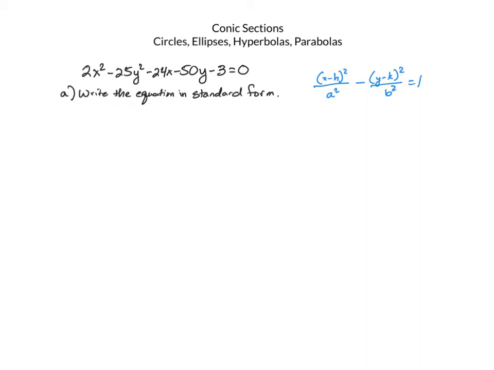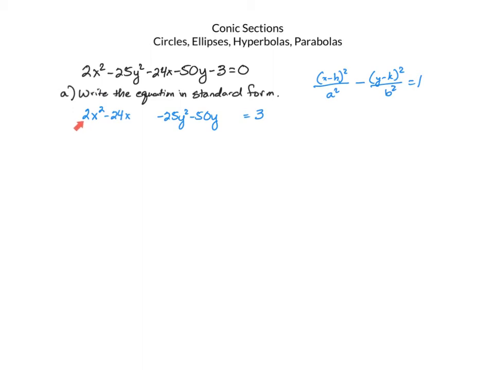So let's do this problem. I'm going to complete the square with respect to both x and y. So let's put the terms with the x together. So we have a 2x^2 - 24x. I'm going to leave a space, and I have a -25y^2 - 50y. I don't want the -3 to be involved in completing the square, so I'm going to add 3 to both sides so that the 3 ends up on the right-hand side. In order to complete the square, I need to factor out the coefficients of the quadratic term.